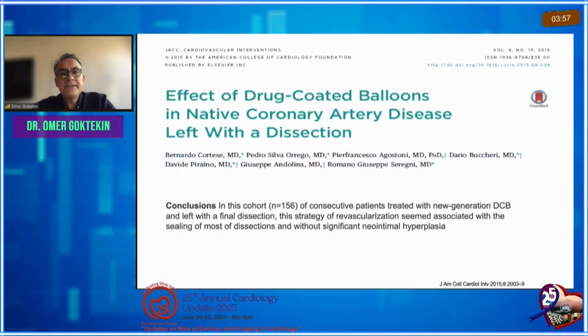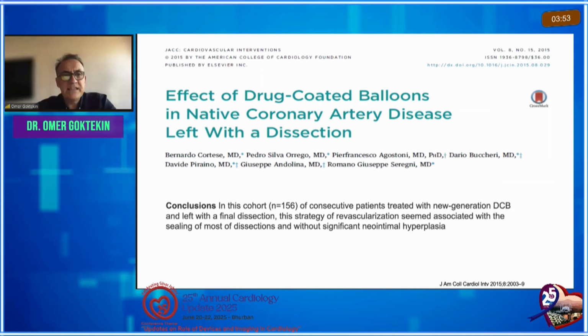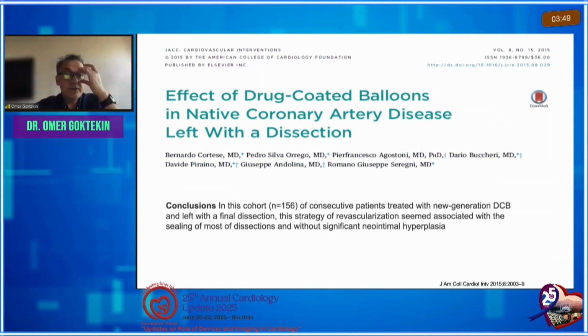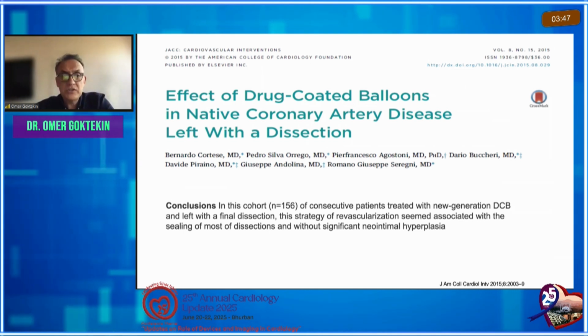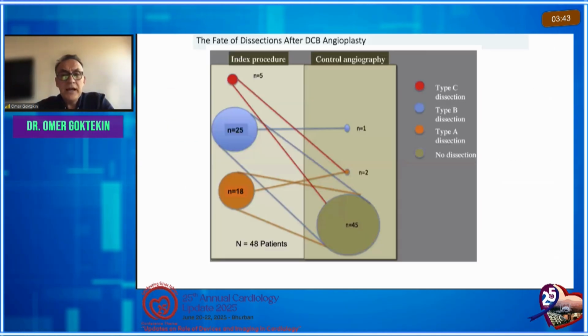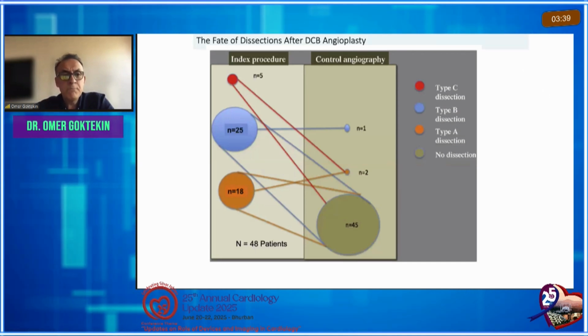How about the DCB era? How about the effect of DCB in native coronary artery disease left with dissection? We have a very nice paper. They studied 156 patients and followed the DCB dissection, and 48 patients had dissection after DCB.